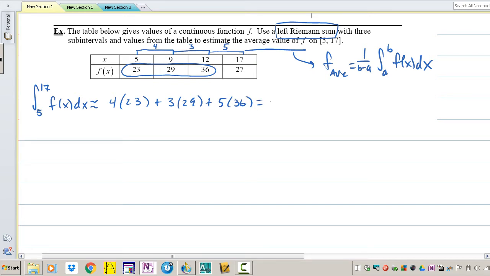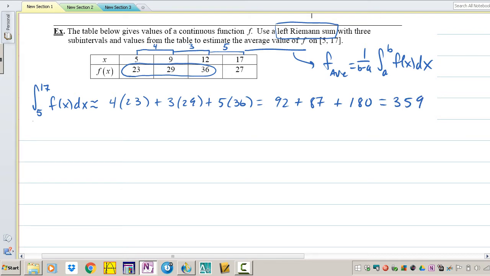And that is 92 plus 87 plus 180. If I sum these up, I get 359.